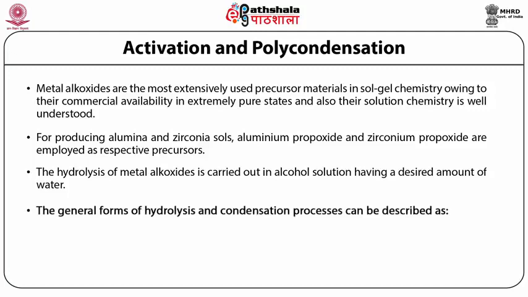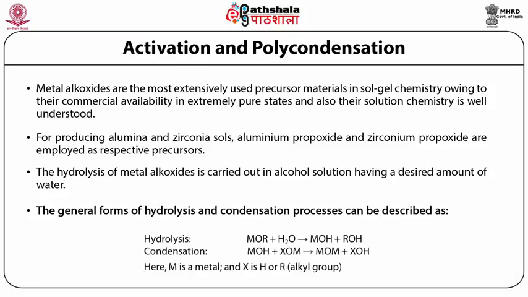The general forms of hydrolysis and condensation processes can be described as: hydrolysis is MOR plus H2O gives MOH plus ROH. The condensation process is MOH plus XOM gives MOM plus XOH. Here, M is a metal and X is H or R, that is, an alkyl group.